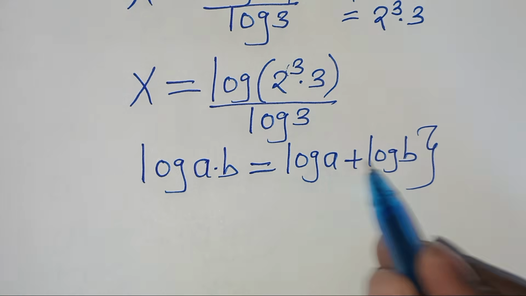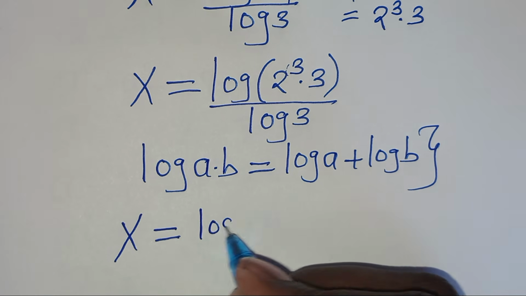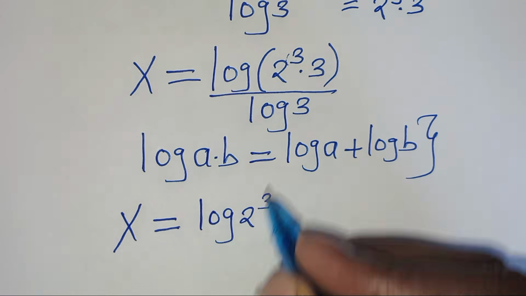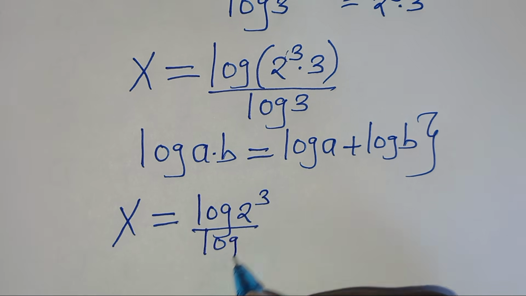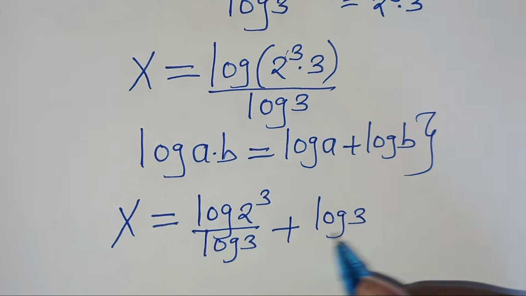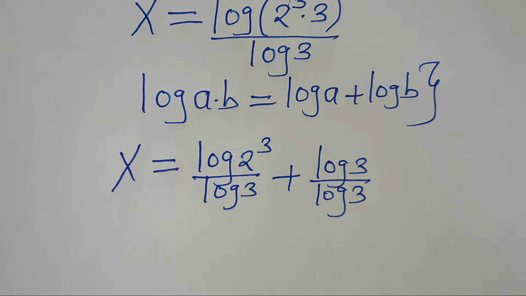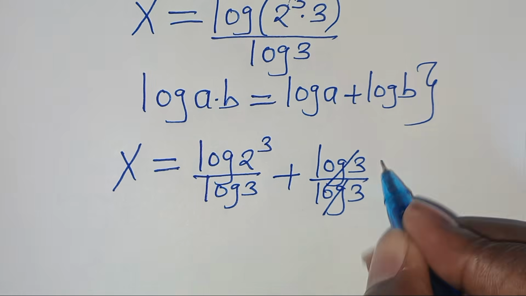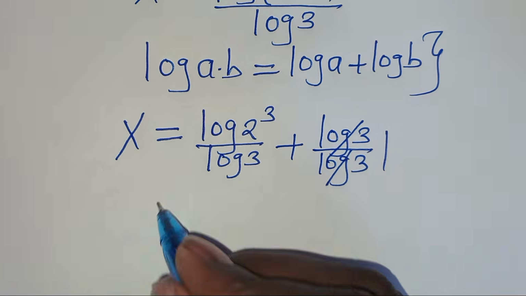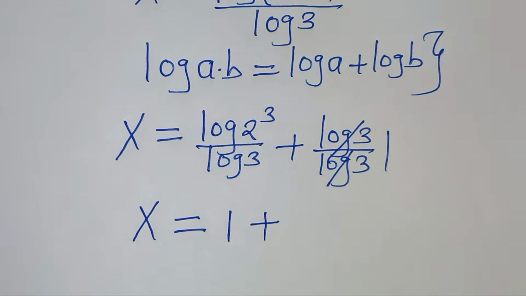Applying this logarithm property, we have x is equal to log 2 to the power of 3 divided by log 3, plus log 3 divided by log 3. So let's simplify log 3 and log 3 here. So this is 1, so that we have x is equal to 1 plus.